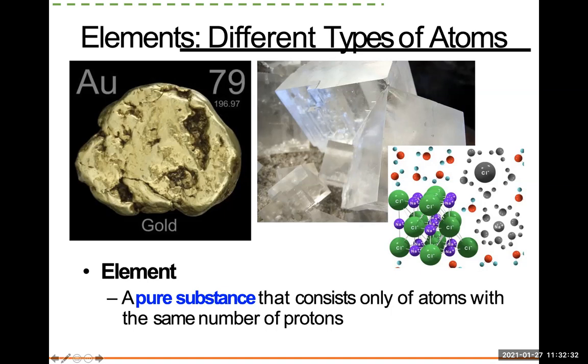And this is the atomic number, 79. Hydrogen has an atomic number of 1. Helium has 2. You continue increasing the number and you get to 79. That's gold. A pure element consists of only atoms with the same number of protons.